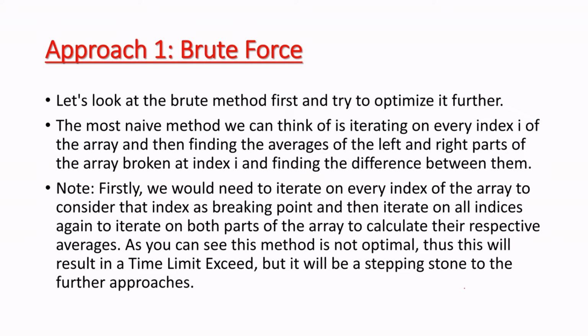As you can see, this method is not optimal, so we will get a time limit exceeded, but it is a stepping stone to the further approaches, and it will help you understand the other approaches.